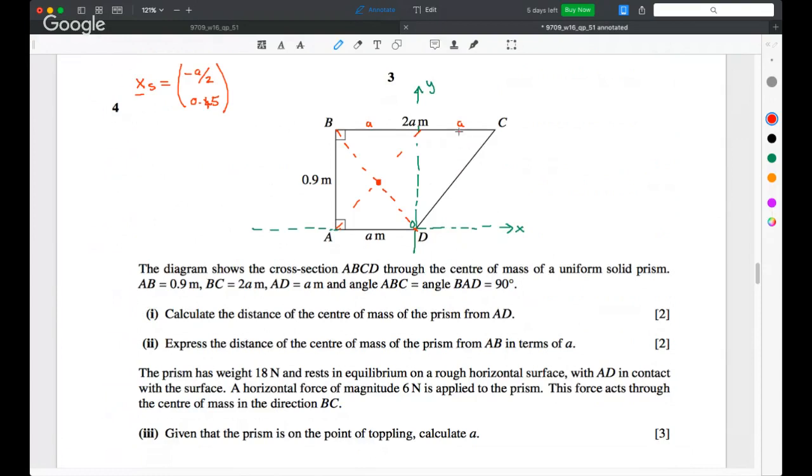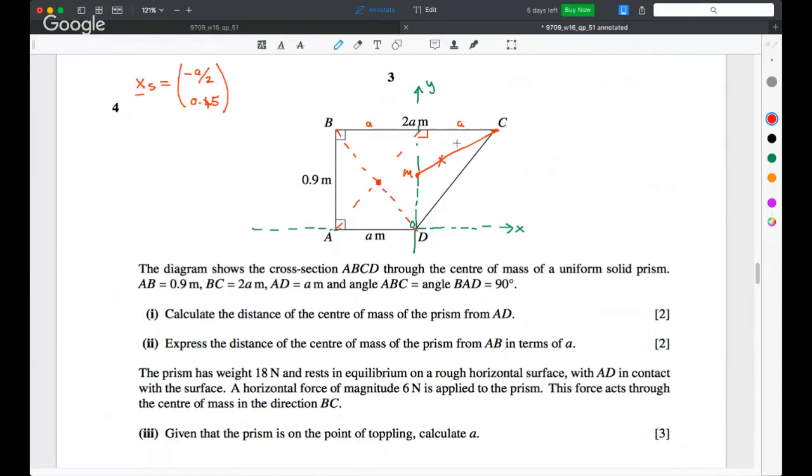But the triangle is a little trickier, and it's in your formula booklet. But the idea is that the center of mass of a triangle is always going to be, if we imagine drawing one of these medians from a vertex to the midpoint of some other line, then the center of mass is always 2/3 of the way along from the vertex to the midpoint.